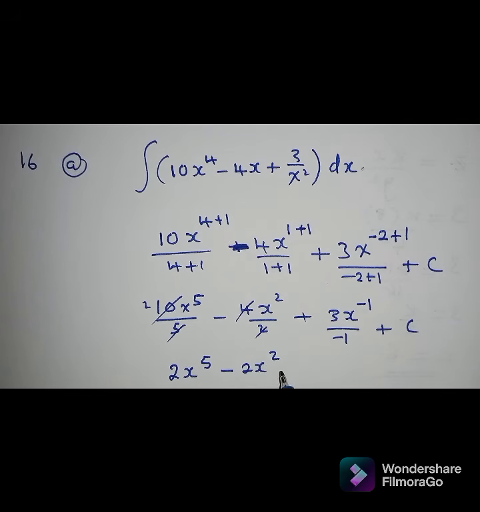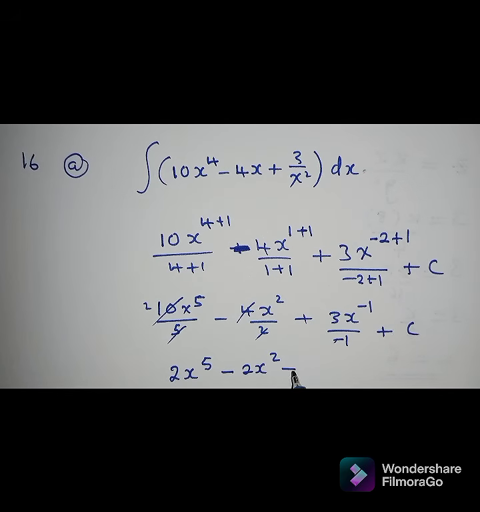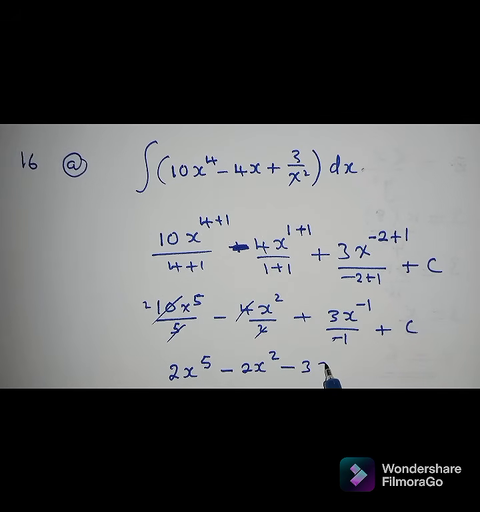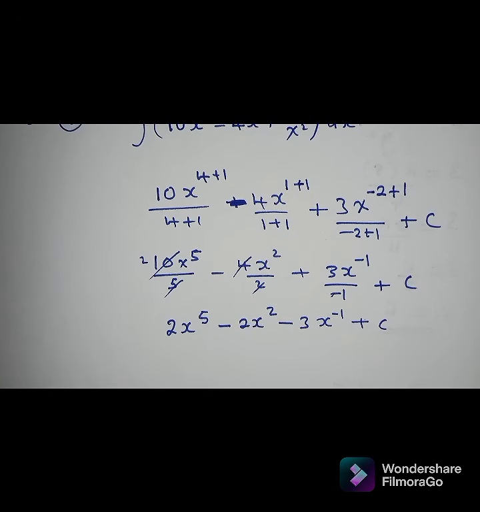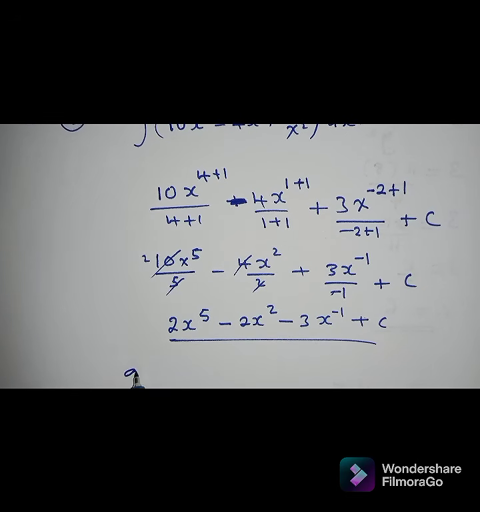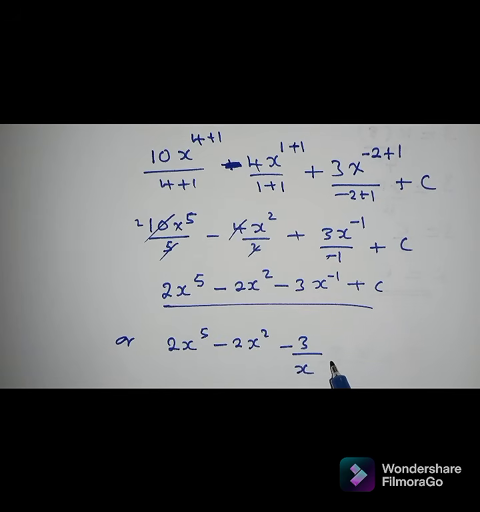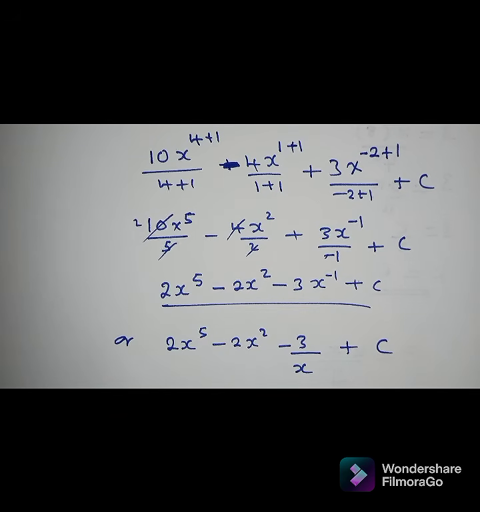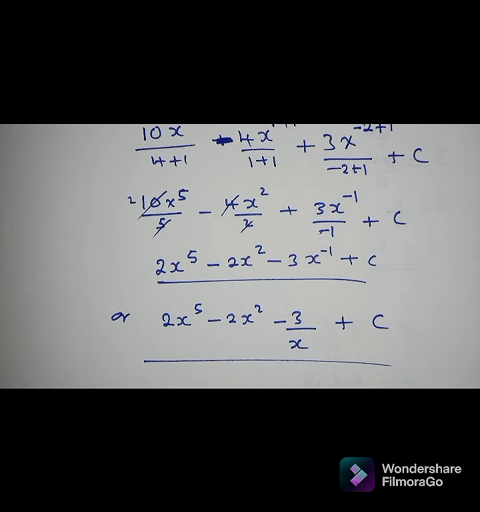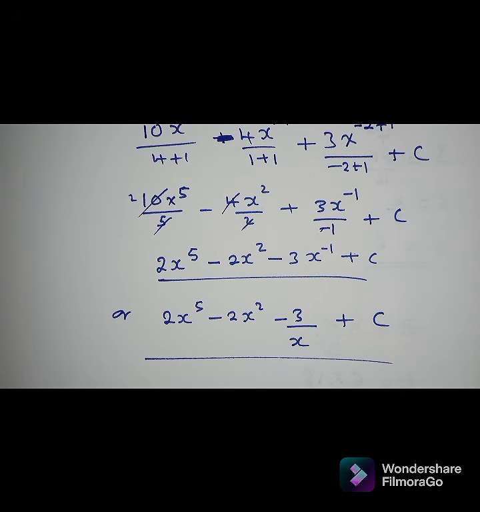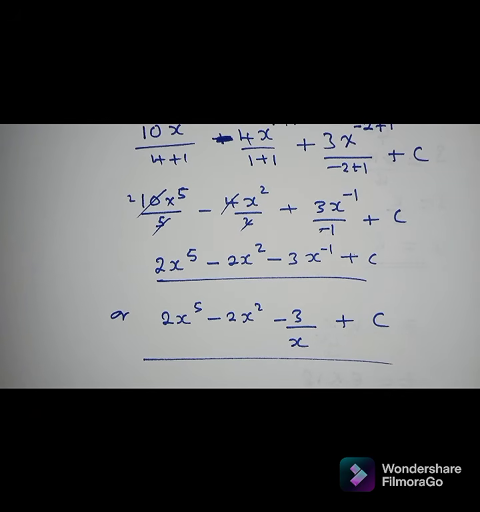We know that 2 can go into 2. Here negative and negative and positive will be negative. So I have negative 3x power negative 1 plus c. So if you want, you can leave it like this, or you can write it like this. If you don't want to remain with a negative power, you can write it like this. So this is our solution. We go to the next question.